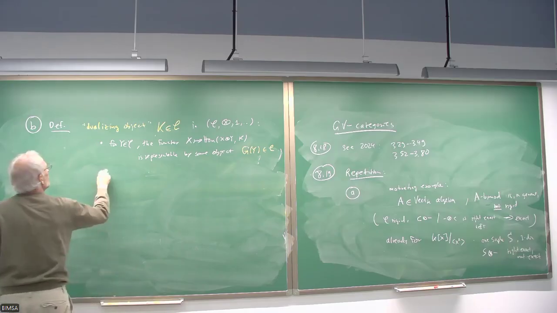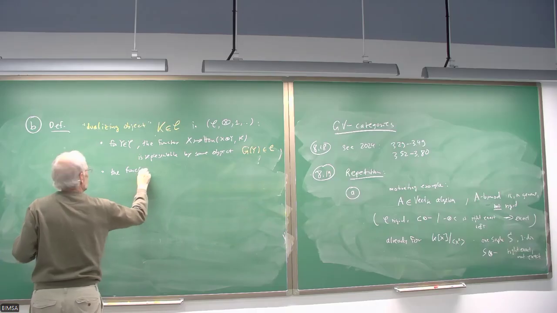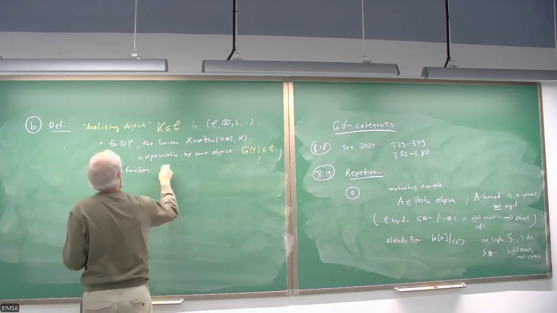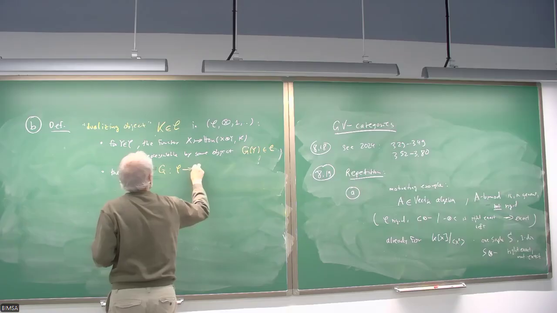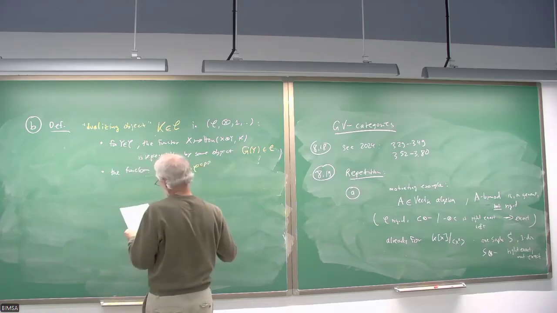And second, this contravariant functor G from C to C opposite is an equivalence.